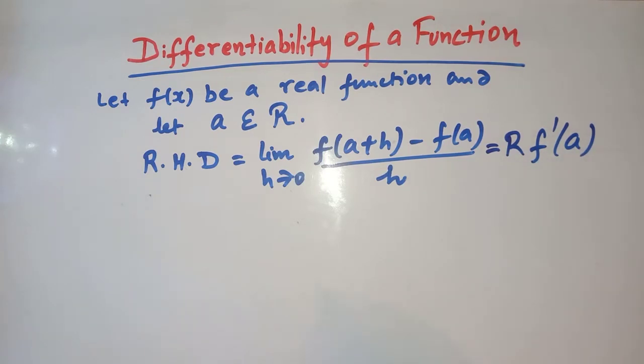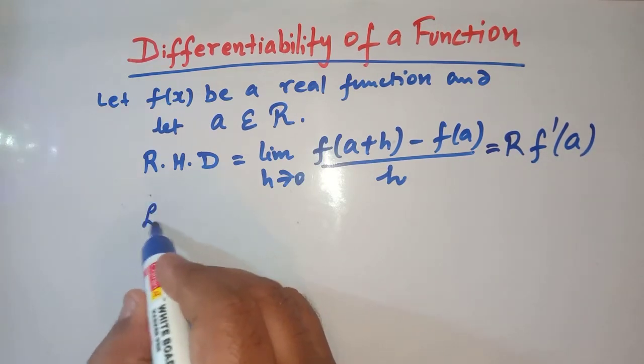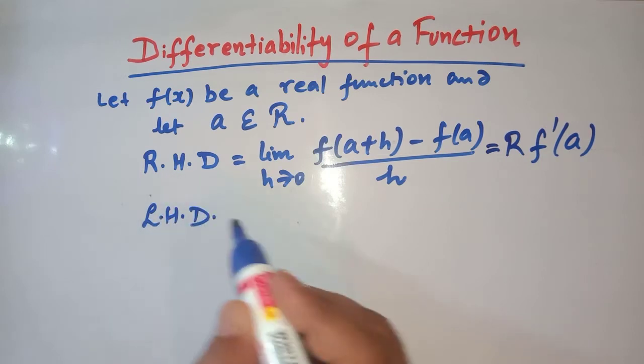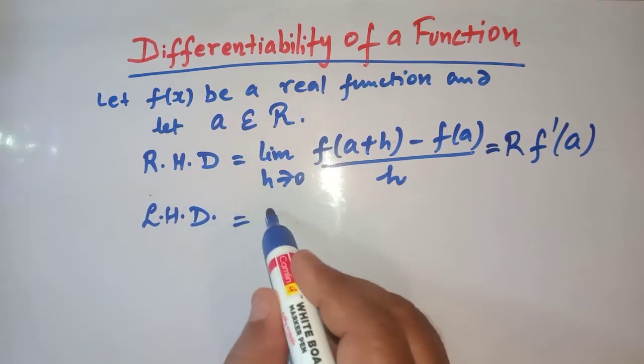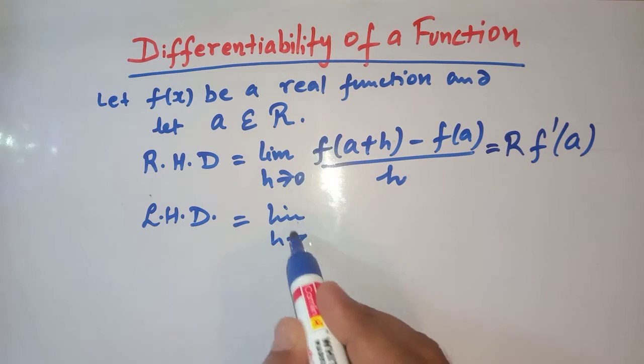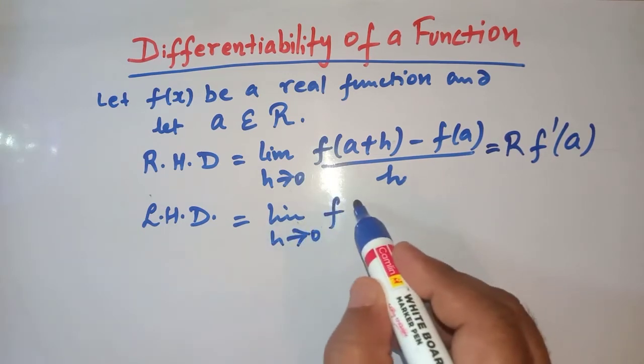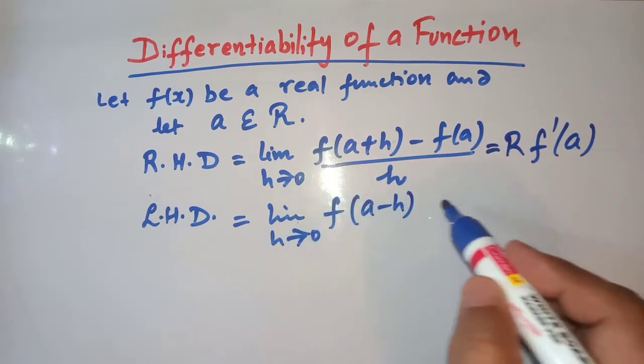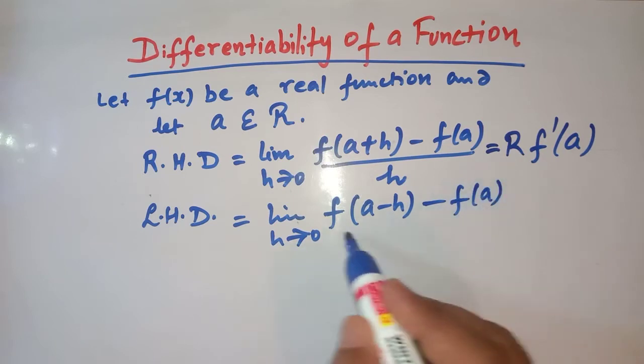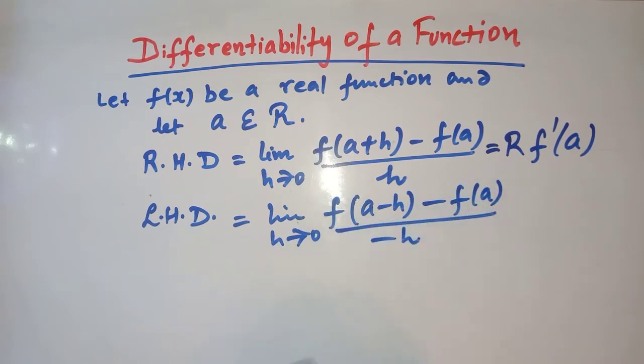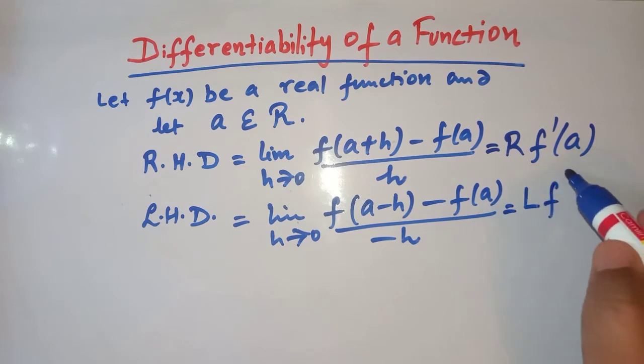Clear? Now the left hand derivative of this function f(x) is limit h tends to 0 of f(a minus h) minus f(a) over minus h, and it is denoted by L f'(a).